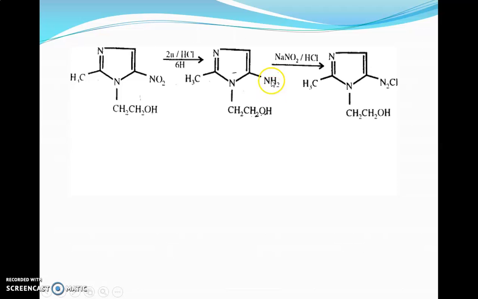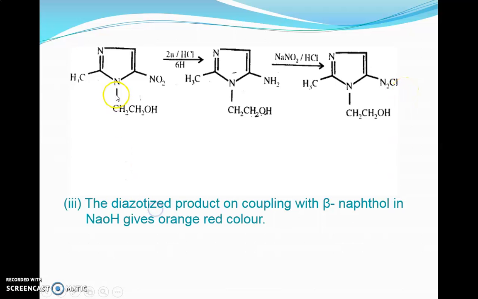And if there is a formation of the primary amino group, now the primary amino group is available for the diazotization reaction. For this diazotization reaction, sodium nitrite and HCl are used as reagents at a temperature of 0 to 10 degrees Celsius, and this primary amino group undergoes the diazotization reaction. So this is the way. First we have to reduce this NO2 group to primary amino, then the primary amino undergoes the diazotization reaction.